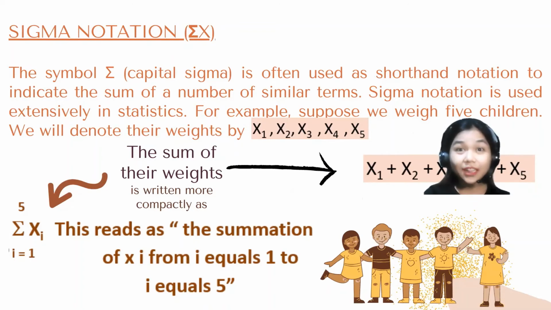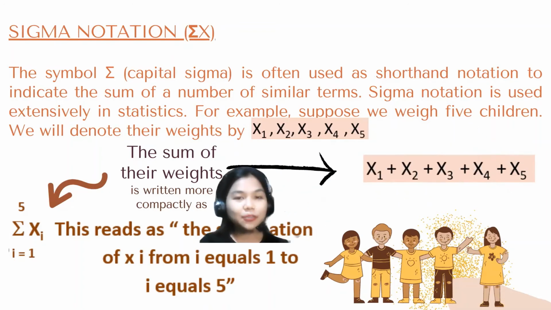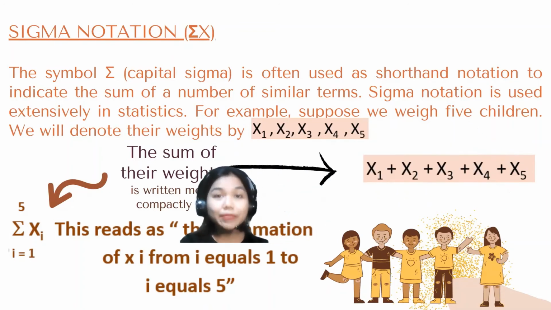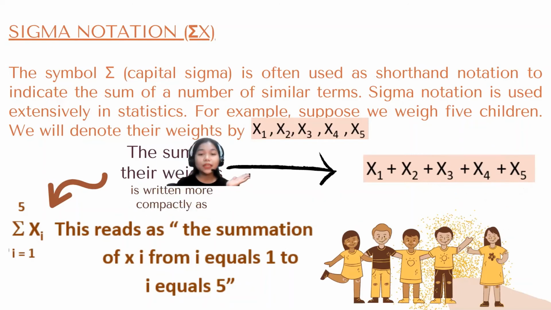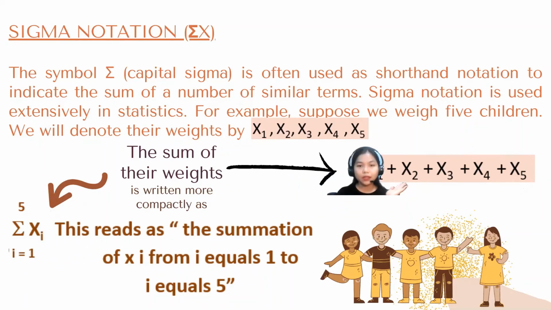Is it difficult? Actually, it's very easy because the summation tells us to simply add the weight of the 5 children. So if you're given a problem set, try to identify the numbers, the members or the values found in the array. Then you are going to write the notation and you should know how to expand the notation.